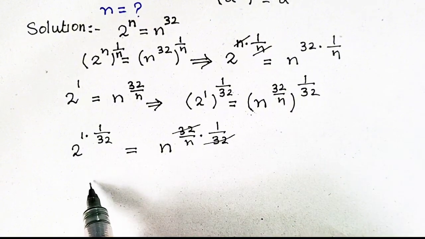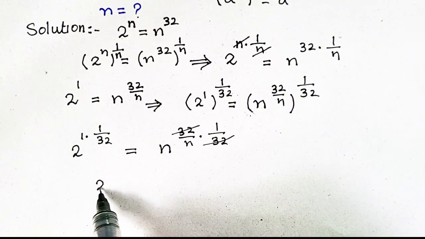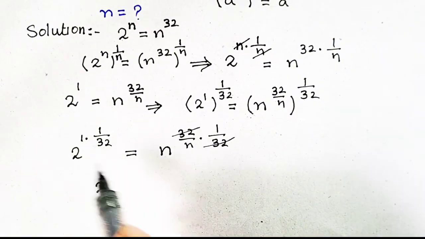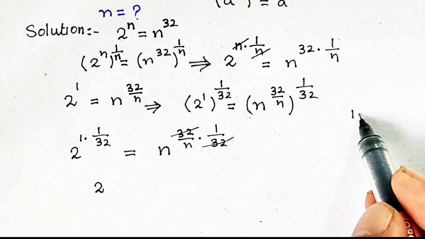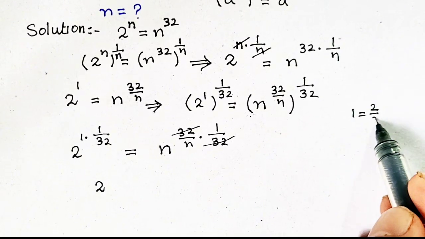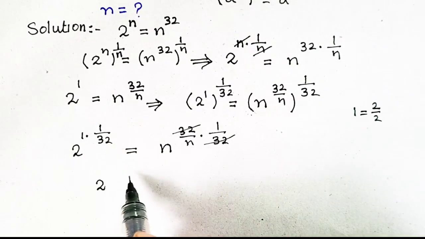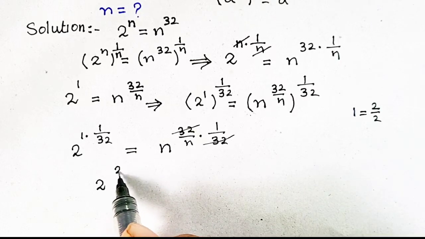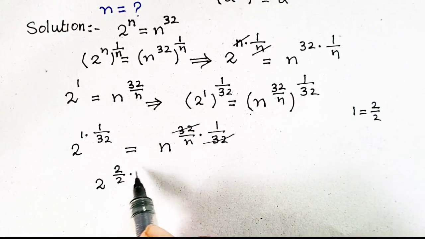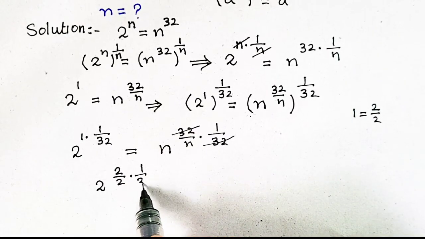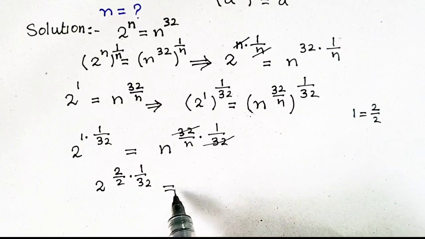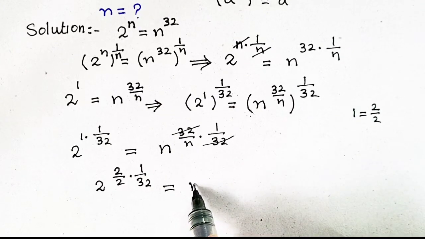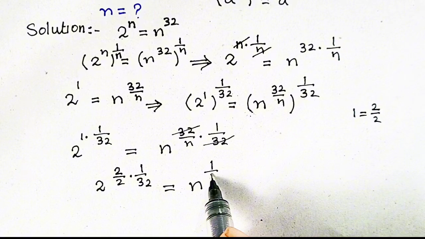So we will get 2 power 1. 1 can be written as 2 over 2. Agree? So we can write 2 over 2 times 1 over 32, and here we have n power 1 over n.